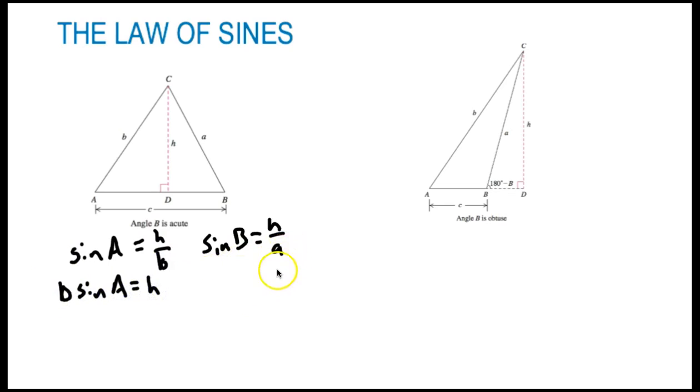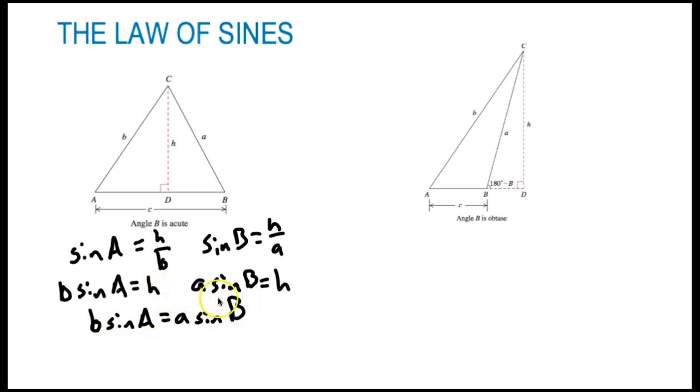And then here, multiply the a over, we get a times the sine of B is equal to h. Well, now, since these two expressions on the left side are both equal to h, I can say they're equal to each other. So I can actually now say b times the sine of A is equal to a times the sine of B. And this is a form of the law of sines.